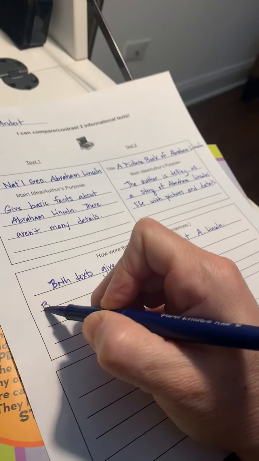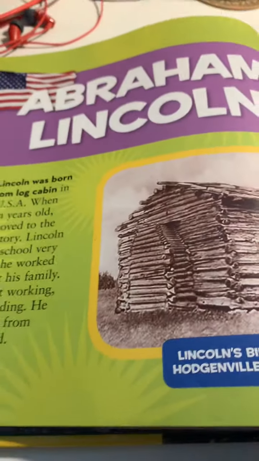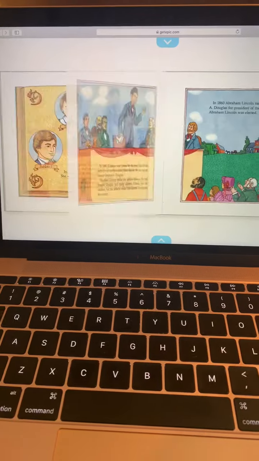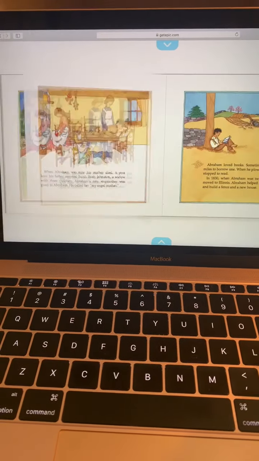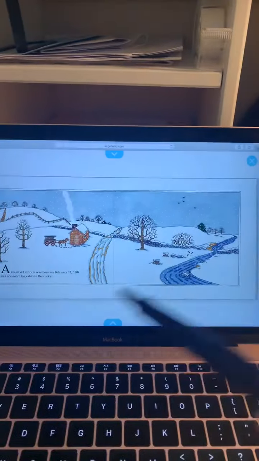Both texts are in chronological order. That means they both started from the beginning of his life. So if you remember, of course, this one goes into way more detail. So this starts at the beginning of his life. This starts at the beginning all the way to the end.